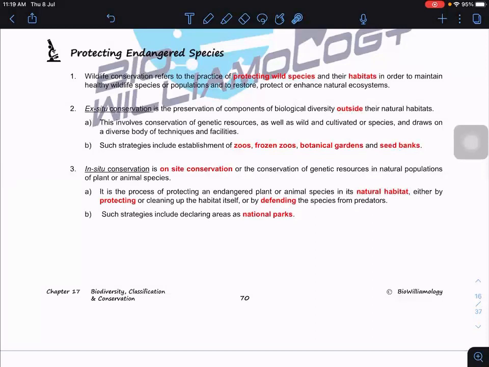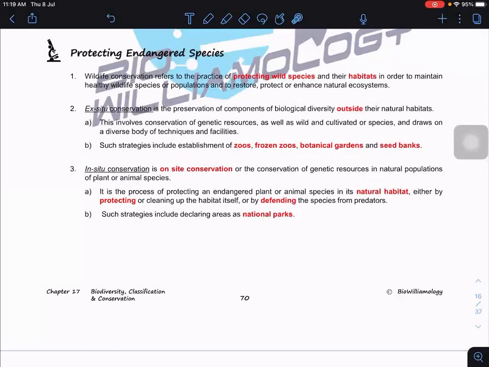In means inside. In situ conservation means on-site conservation, where we protect endangered species, animal or plant, in their natural habitat. So what we need to do here is protect and clean up the habitat itself. For example, if there are alien species there, we need to remove the alien species from their natural habitat.